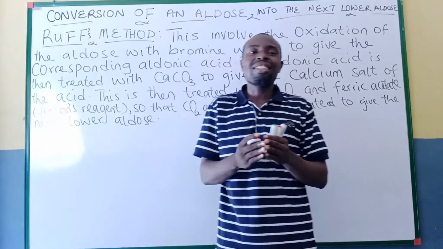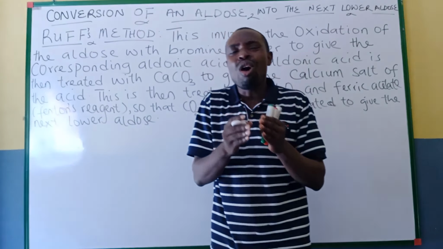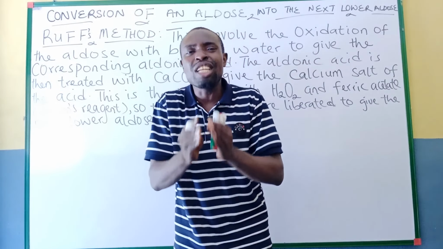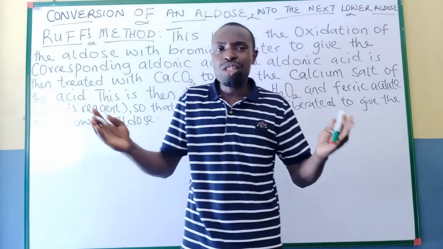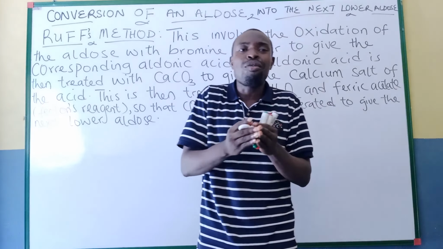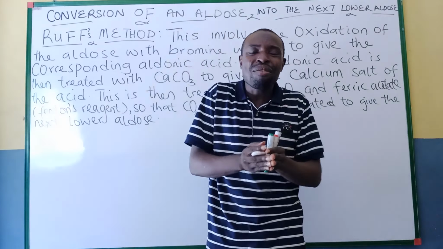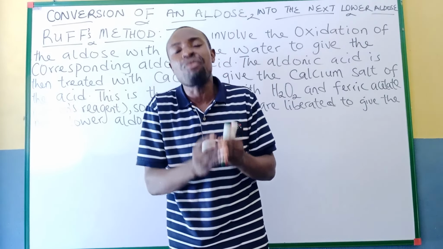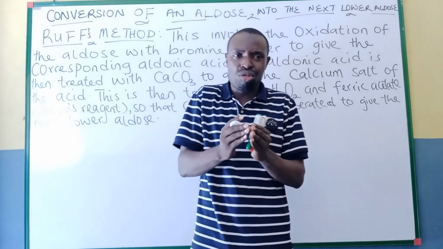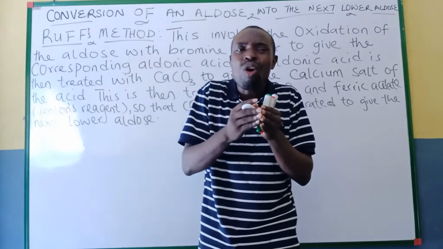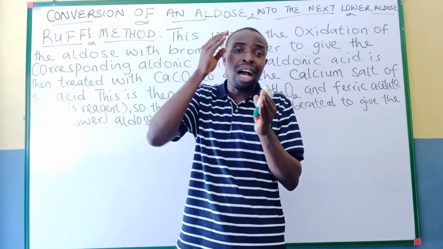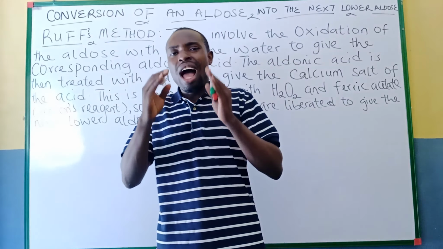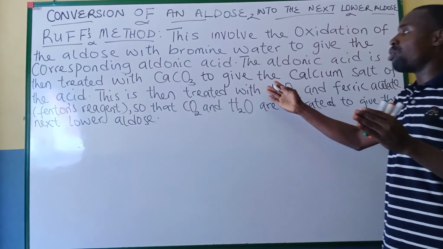And lastly, this calcium salt of the acid is then oxidized with a reagent called Fenton's reagent, which comprises hydrogen peroxide and ferric acetate. Some texts will tell you ferric sulfate. When that happens, it acts on the calcium salt of the acid to give us the next lower aldose. And this is what you can see right here on the board.